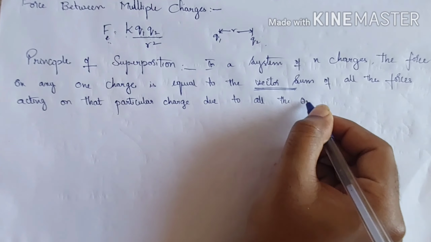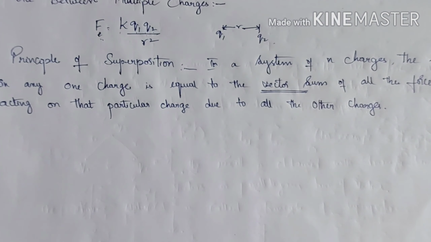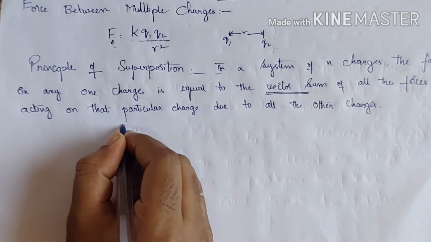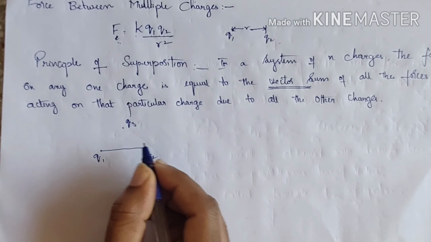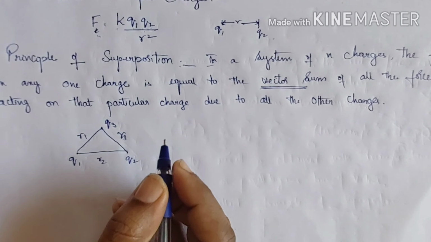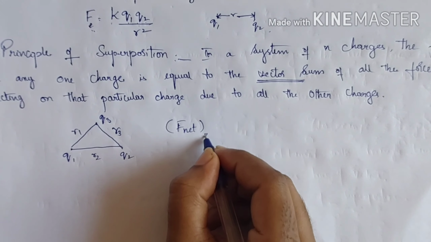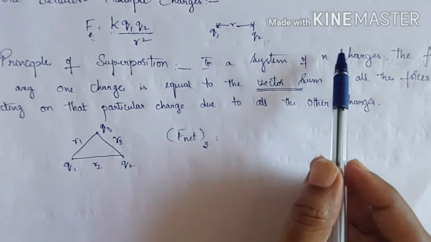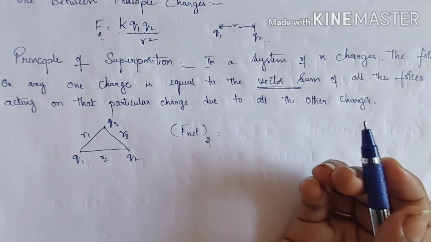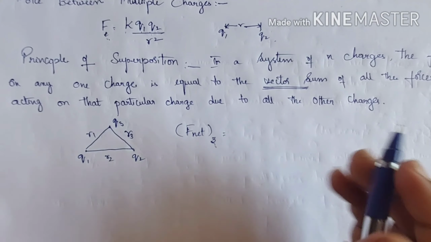So according to this statement, let's take the case of a system of 3 charges separated by distances R1, R2, R3. I want to calculate the net force on charge 3. According to the above statement, the net force on charge 3 is equal to the vector sum of the forces on that particular charge due to all the other charges.